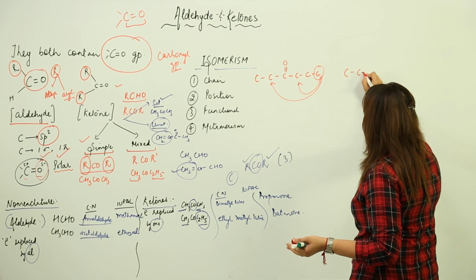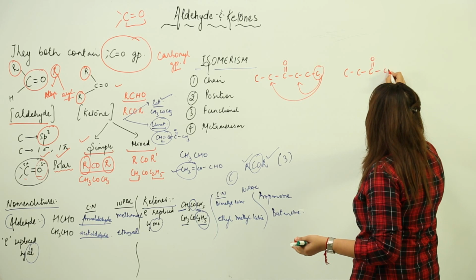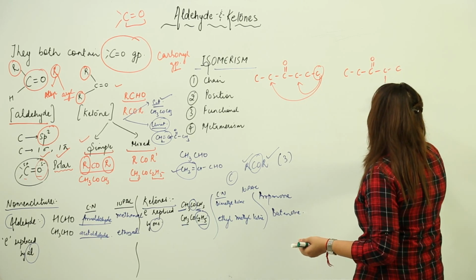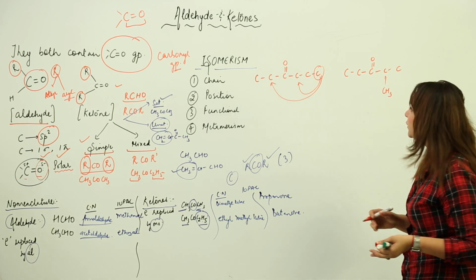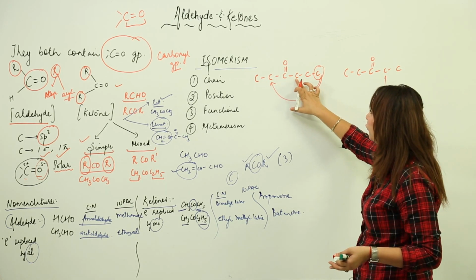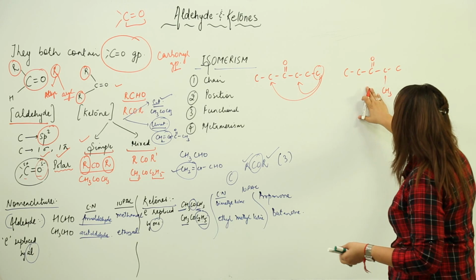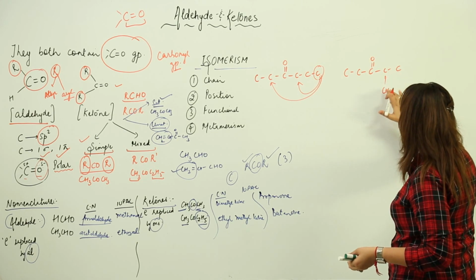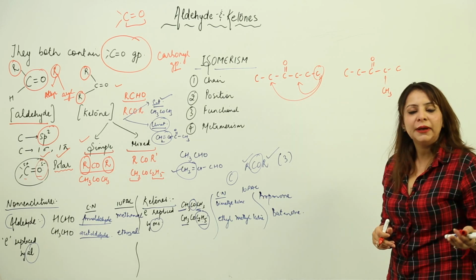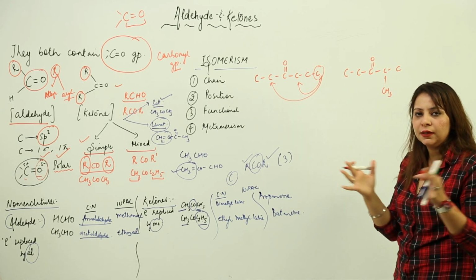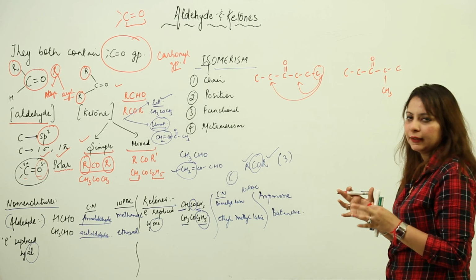So for example, we have this thing. This group migrates, let's say to this point. So this is again a chain isomerism because it will be 1, 2, 3, 4, 5, 6 hexanone, and it will be 2 methyl, 1, 2, 3, 4, 5 pentanone, right. So it is just the shortening of the chain, condensing them.